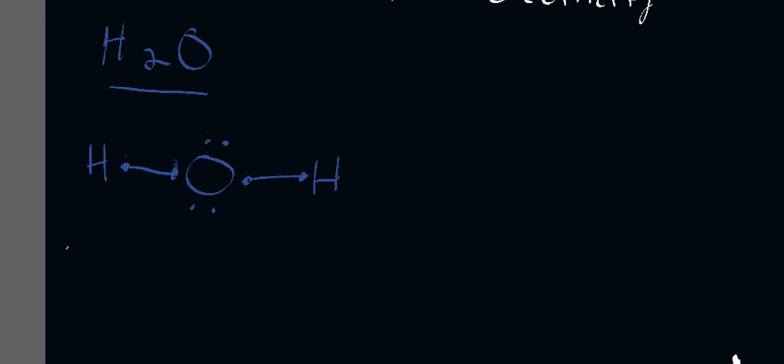Now to name it, you have to use prefixes for each element to tell you how many of each you have. So for 2, we would use di because there's 2 hydrogens. Let me change this back to 3.